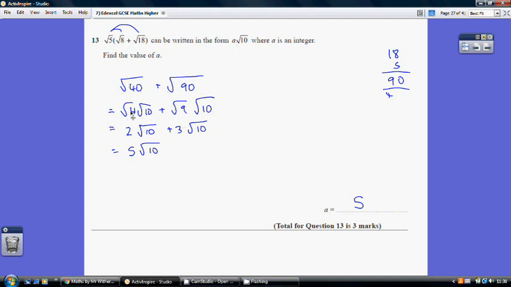Now the square root of 4 is 2, so this is 2 lots of root 10, and the square root of 9 is 3, so this is 3 lots of root 10. So 2 lots of root 10 plus 3 lots of root 10 is 5 lots of root 10. So our a, the coefficient in front of the root 10, is 5.